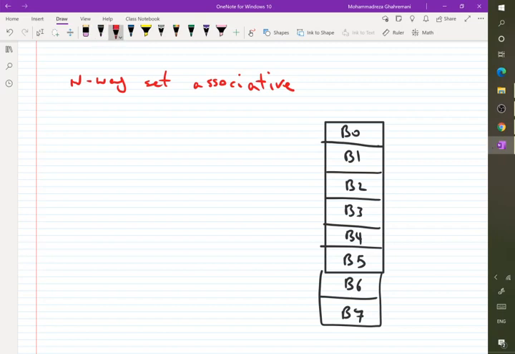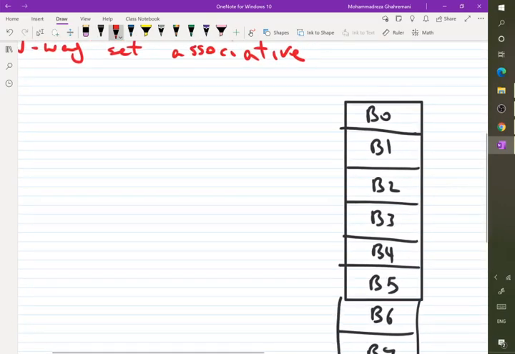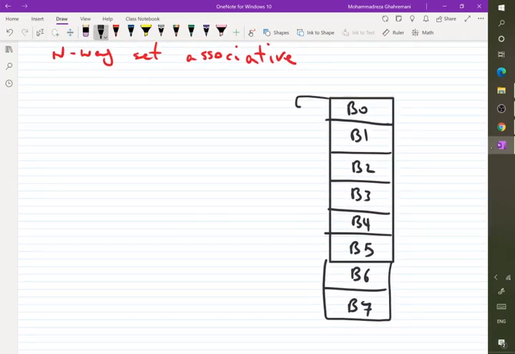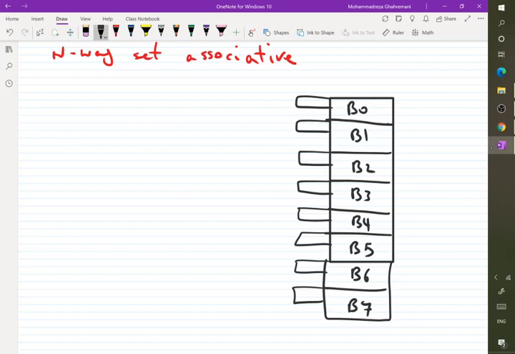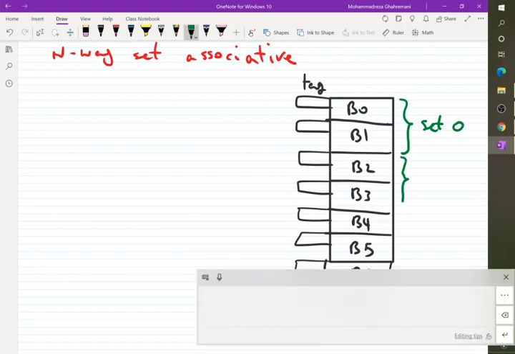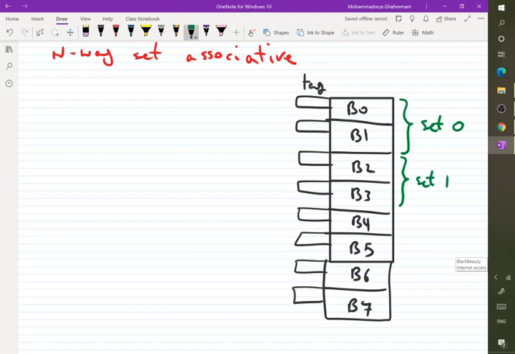First of all, each block has its own tag. In this specific example, we assign every two blocks to a set. So block 0 and block 1 are set 0. Block 2 and block 3 are set 1. Block 4 and block 5 are set 2, and block 6 and block 7 are set 3.